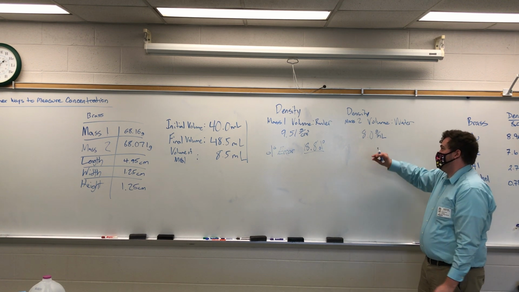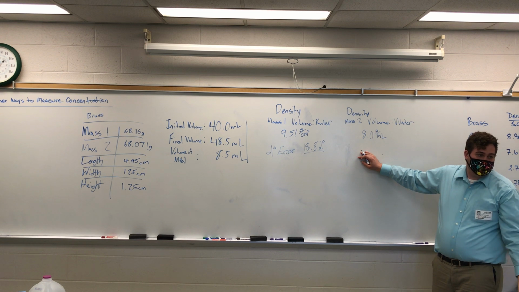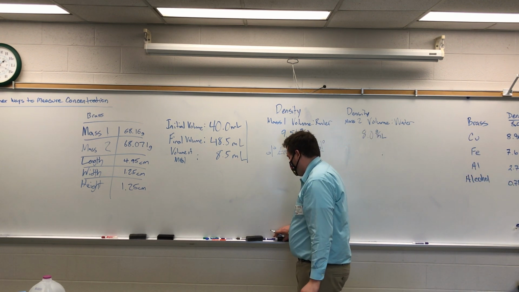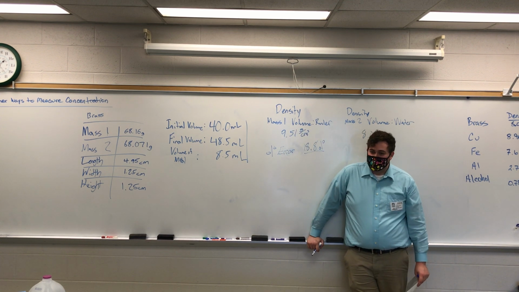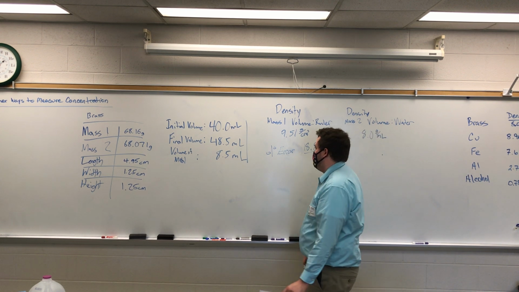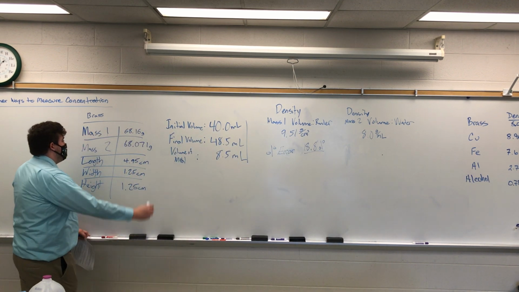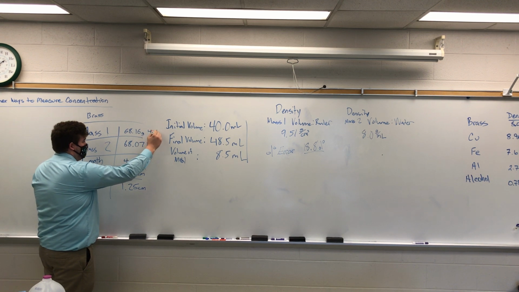And for the second density, Madison, yes? Why is it 3? Good question. Cooper, you got yours in 3, so why is it 3? Because 3 was the least accurate number. It was the least accurate number, right? So remember for this one, we're using these calculations over here. Our mass for this one was 4 sig figs, right?